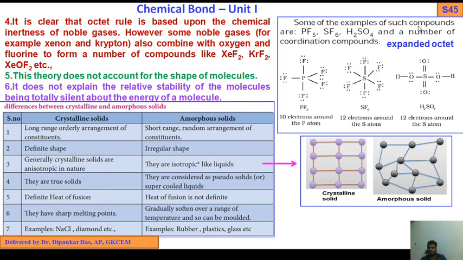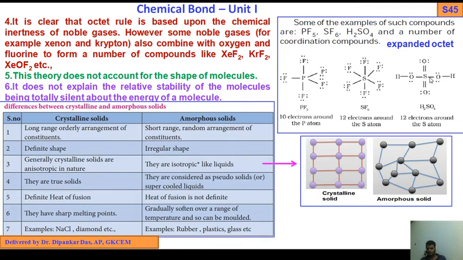Some examples of such compounds are PF5, SF6, H2SO4, and a number of coordination compounds. In PF5, one bond means 2 electrons, so 2, 4, 6, 8, 10 electrons. In SF6, 2, 4, 6, 8, 10, 12 electrons.